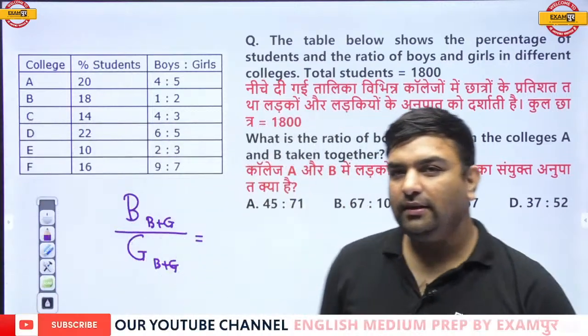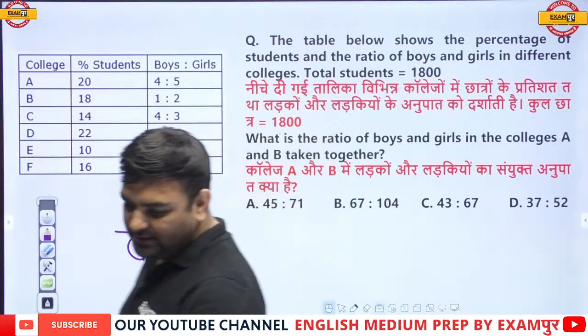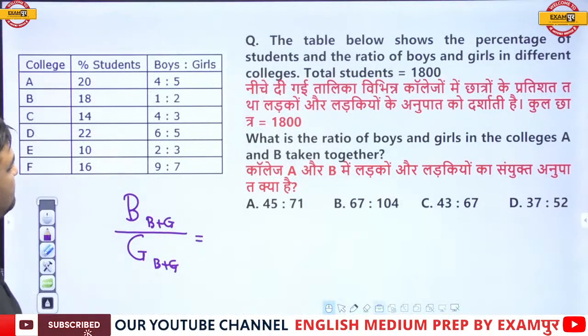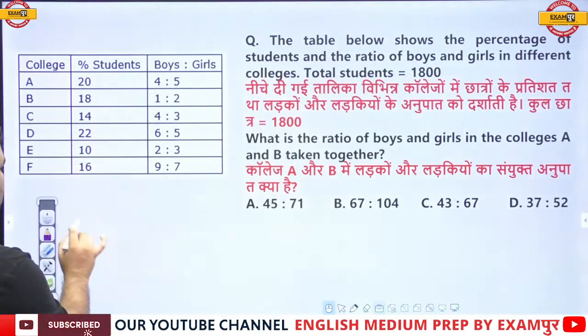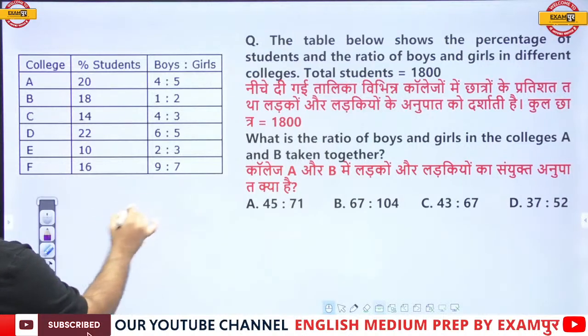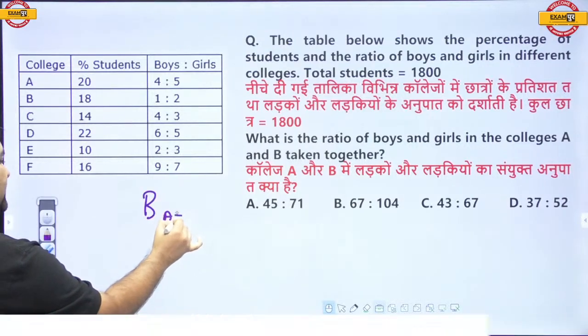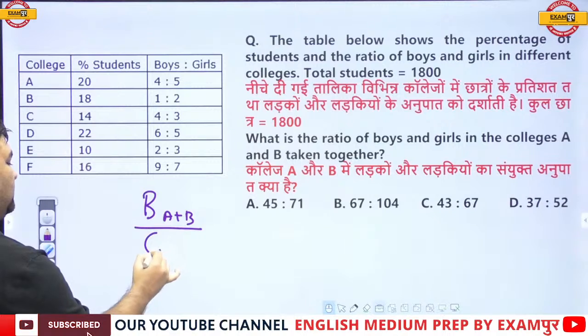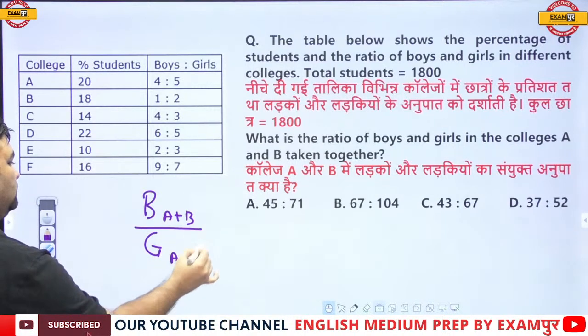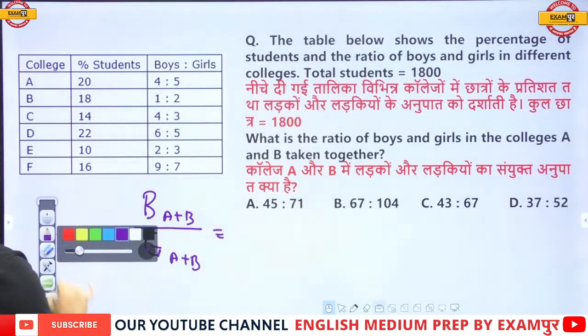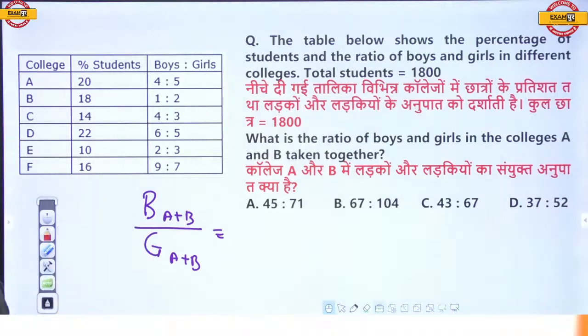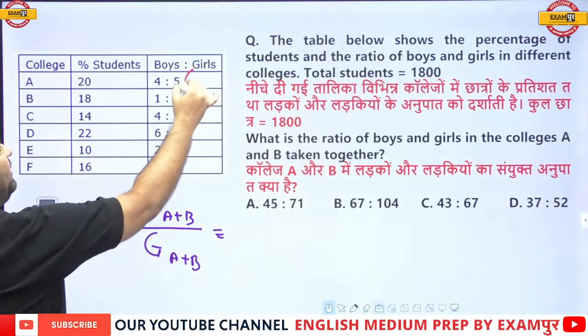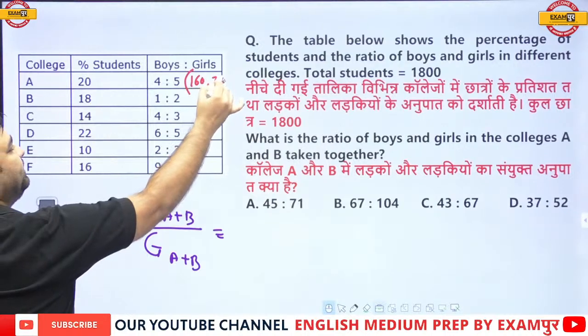Ratio of boys in A and B upon girls in A and B. So, boys in A plus B upon girls in A plus B. We have already found 160 and 200.